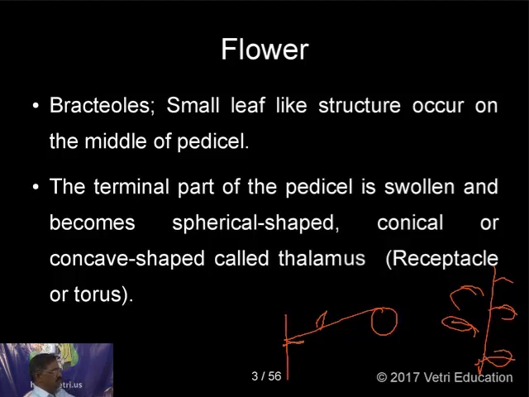The terminal part of the pedicel is swollen and becomes spherical or conical, and this is called the thalamus. At the end of the pedicel it becomes convex in shape, where the floral parts are developed. This is called the thalamus or receptacle or torus.